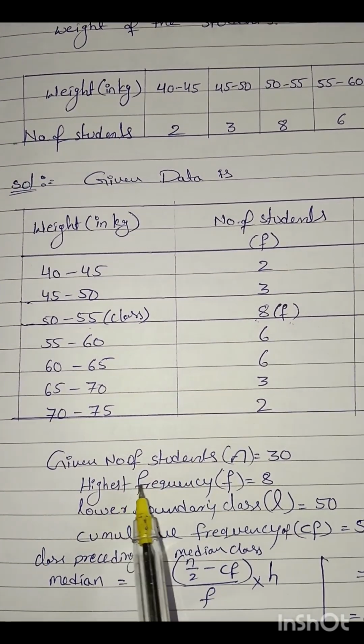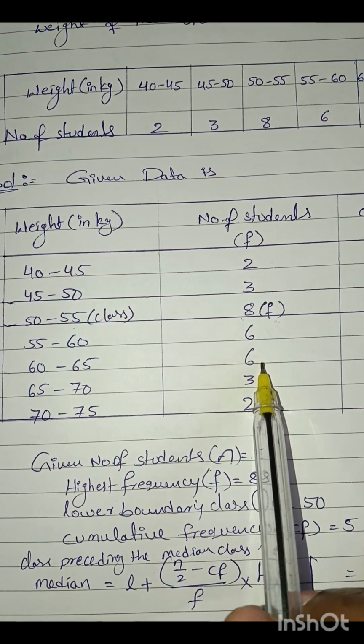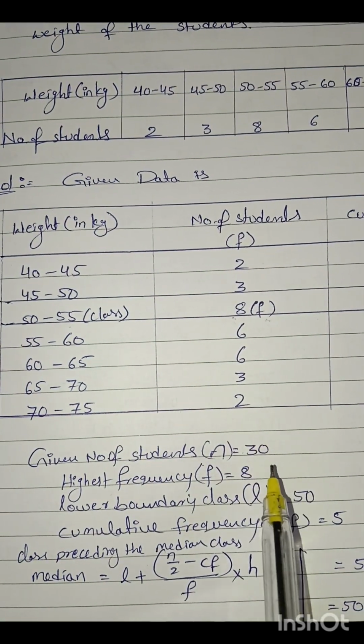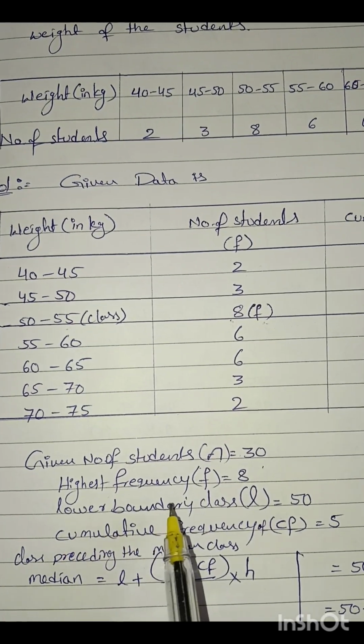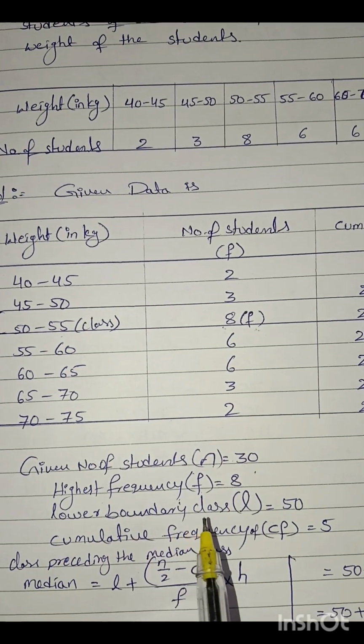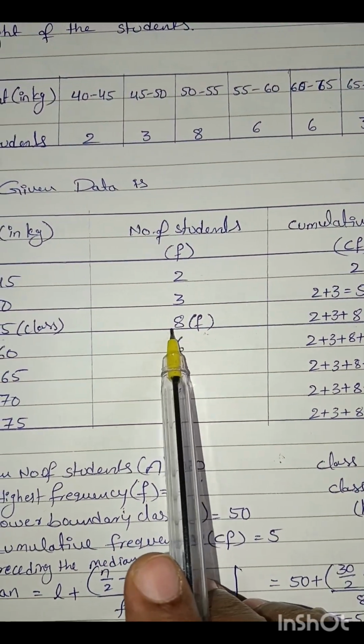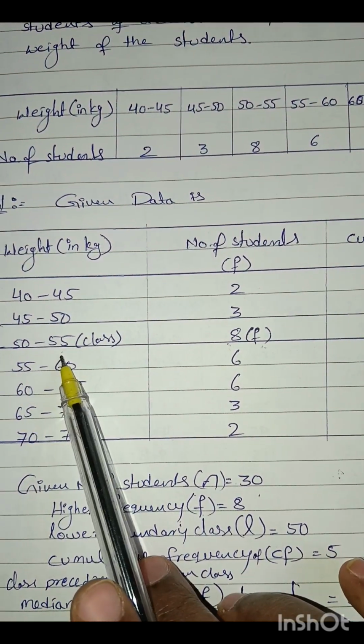This is the given number of students, n equal to 2 plus 3 plus 8 plus 6 plus 6 plus 3 plus 2, that is equal to 30, and the highest frequency F is 8, and the median class is 50 to 55.